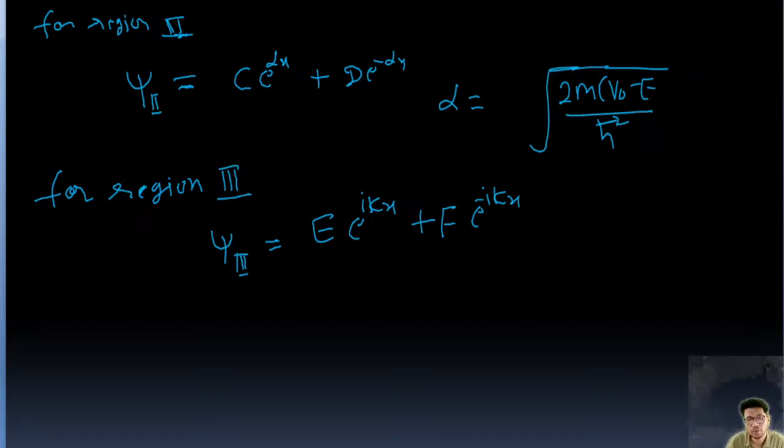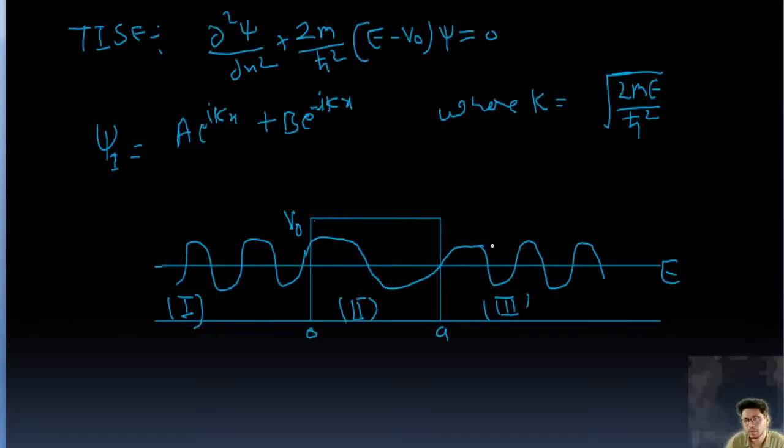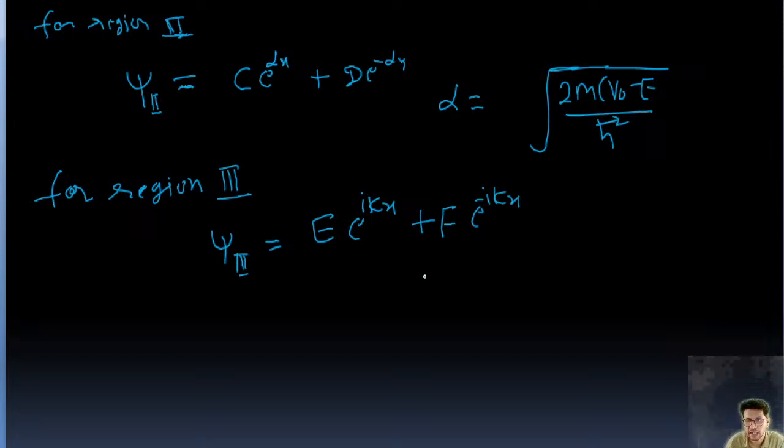Similarly for region third, we can see there is no reflection, because there is no barrier. This wave is just transmitting, so the wave function associated with reflection will be 0, which implies F equal to 0, and F e to the power iota kx is going to be 0.